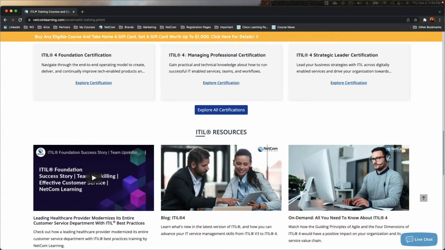Okay, that makes a lot more sense now. A few months ago I was trying to pick courses because I did the foundation. I was thinking about which path I should take: the managing professional or the strategic leader.